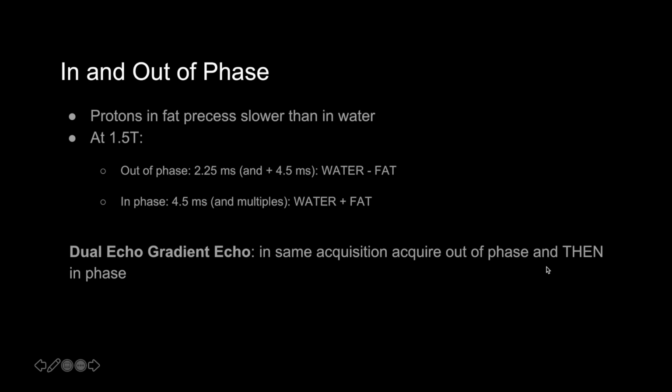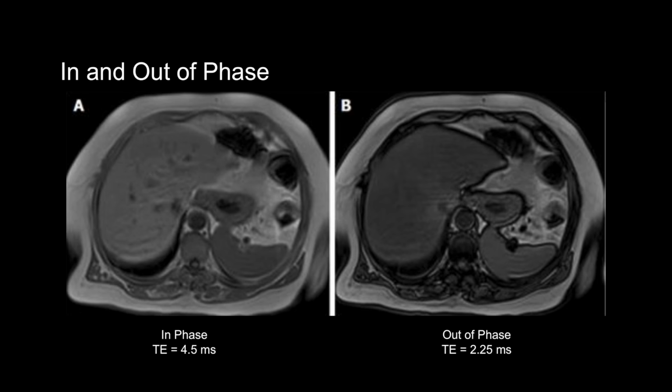We acquire the out-of-phase and then the in-phase. At 1.5 Tesla, these are the times that we generally acquire them at. So out of phase at about 2.25 milliseconds, and then in phase at 4.5 milliseconds. And again, because they're in the same acquisition, they're going to be perfectly registered to one another. And you'll see what that means when we open up an MRI relatively shortly.